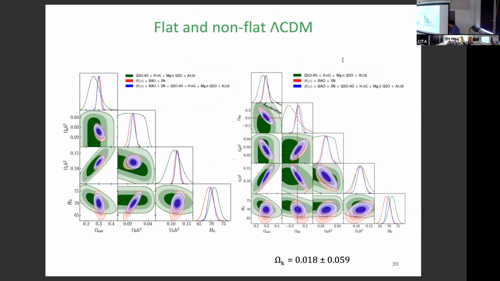The H of Z ones we are using are the cosmic chronometers. It's mostly Raul Jimenez and Michele Moresco, where they build models of old galaxies, and they have a bunch of old galaxies at different redshifts, and they can use dz/dt to turn that into an expansion rate.